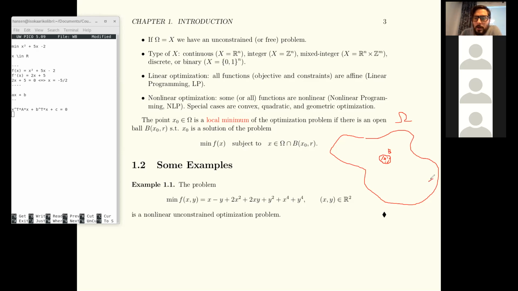There may be another one here that is even smaller than that. So this is not a global optimum because in this whole set, I can find a better point here. But inside this tiny region here, that's the optimum. Then we say that it's a local minimum.